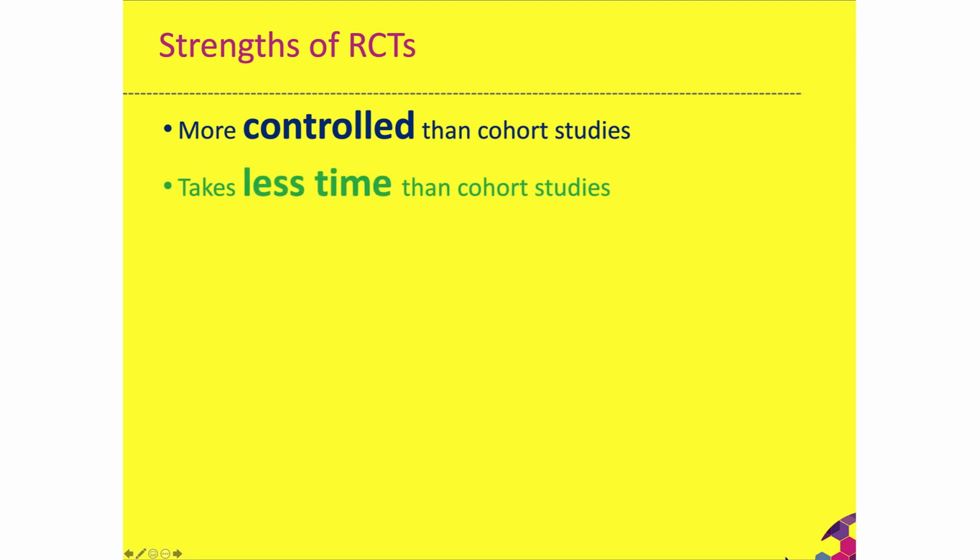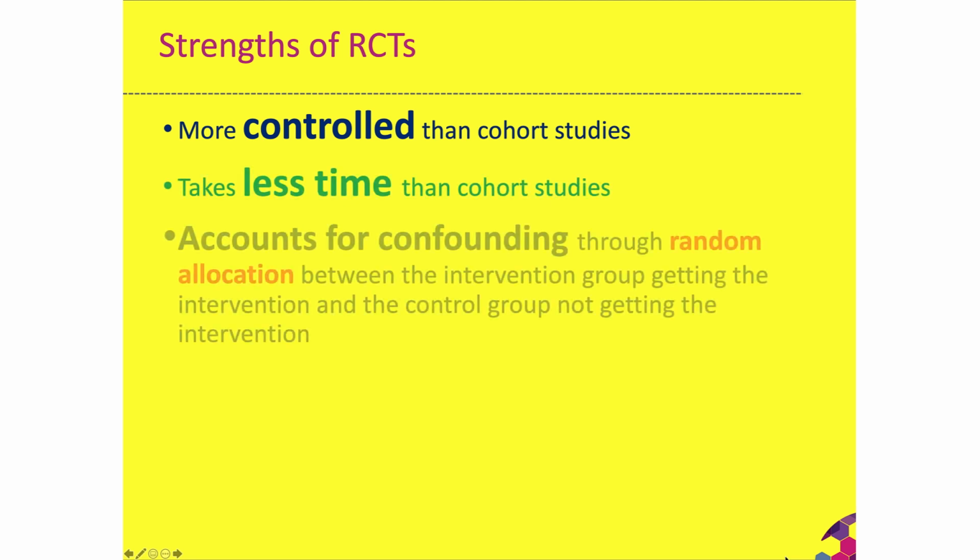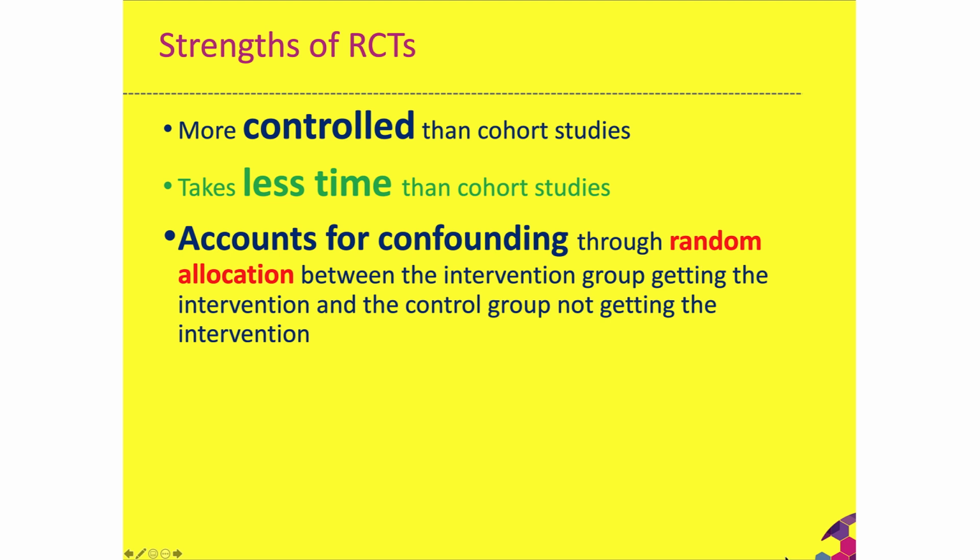They take less time than cohort studies, and they account for confounding because of the random allocation, the randomization of people, the individuals or the villages, towns, the cluster between the intervention group and the control group, so that we are randomizing the different types of biases, the different ages, different ethnicities, different socioeconomic backgrounds across the two groups. So the only thing that's different between the two groups should be just the intervention.